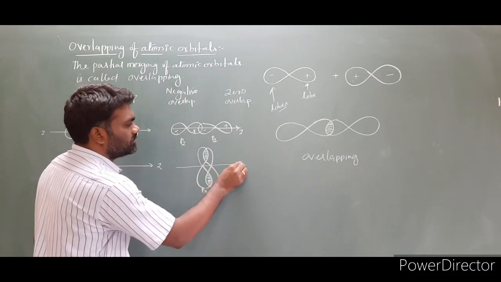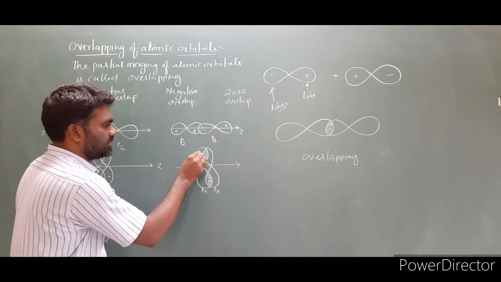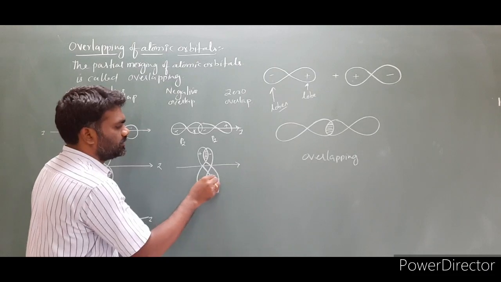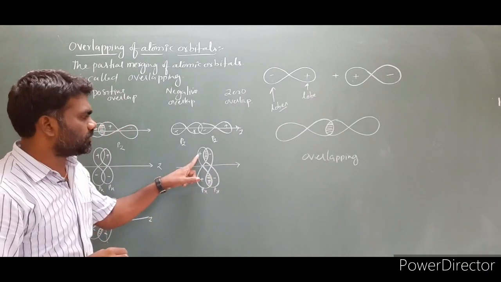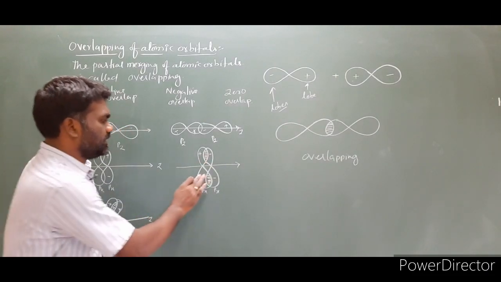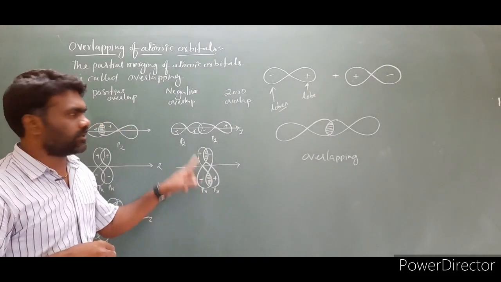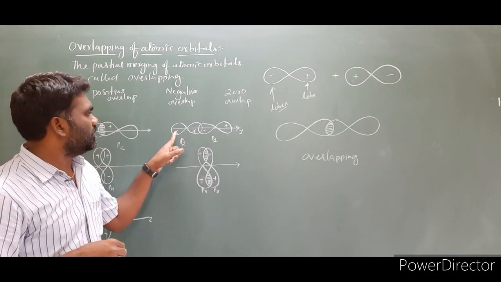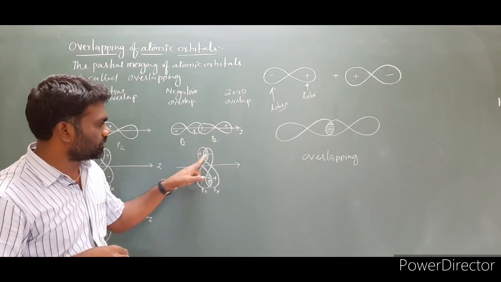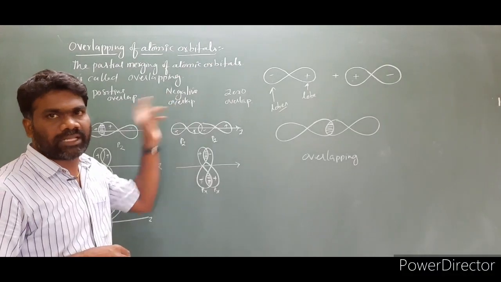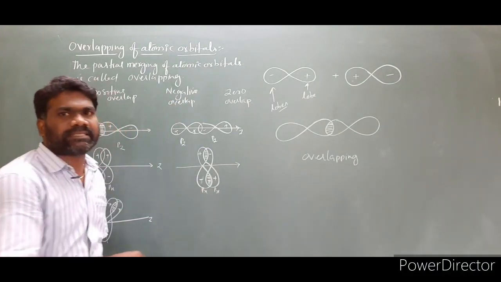So this also comes under a positive overlap. This is the positive and this we can take as negative. This is the positive, this we can take as negative. Sorry, this is a negative, this is positive. Opposite we have taken, here also positive, negative, negative, positive. Opposite is there, we have to call it a negative overlapping. This is in the case of px orbitals.